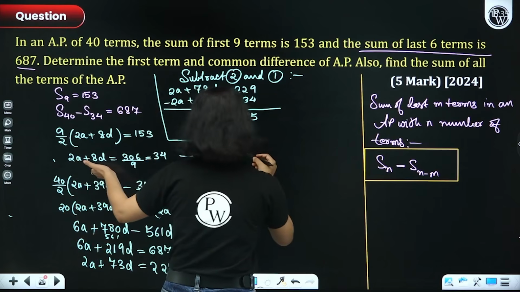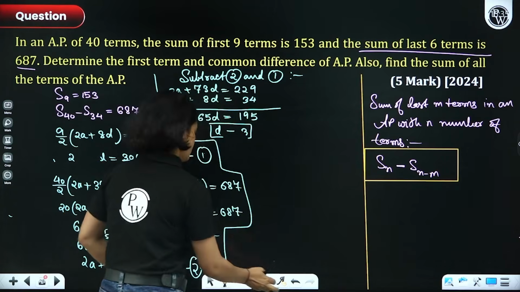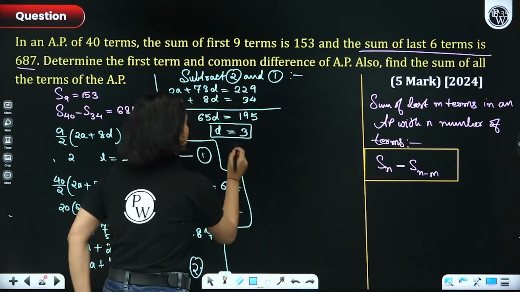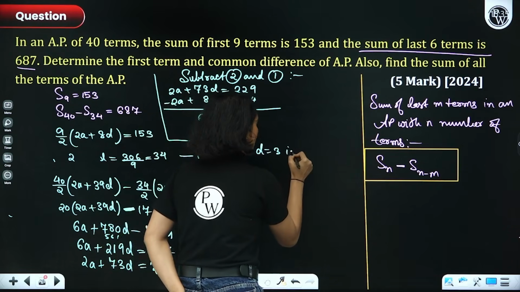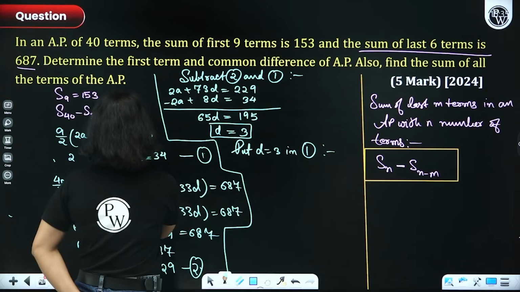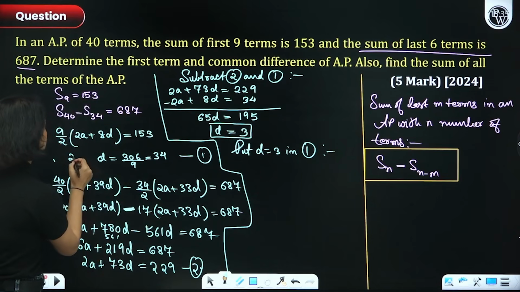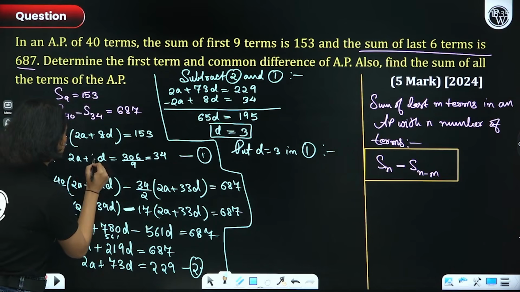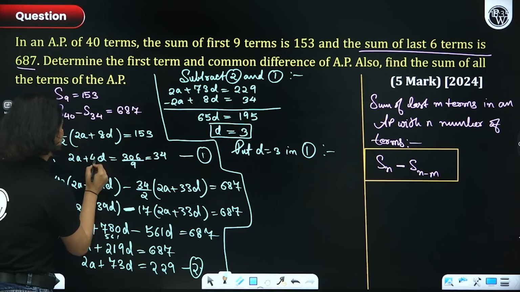So what would be A? We can plug the value of D in any one of these. So let's plug it in equation 1. Put D is equal to 3 in 1. Okay. So once we do that, everyone, we had 2A plus 8D, sorry.